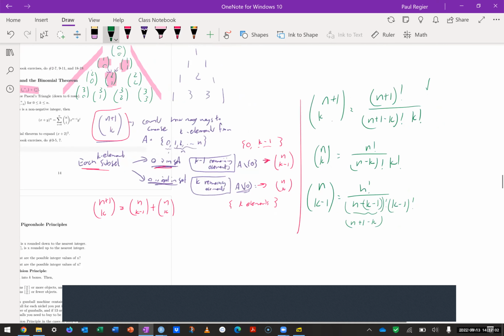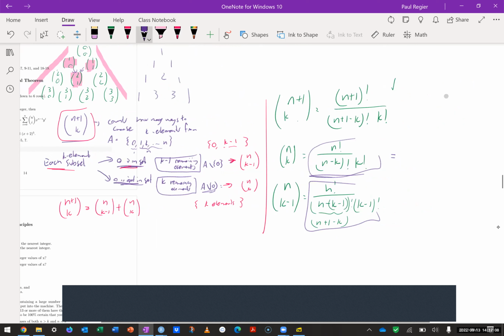So what I'm going to do with these two is try to find a common denominator. The common denominator I can think of is k factorial here, n plus 1 minus k factorial here. So to get this denominator, I have to multiply the top and the bottom of this one by the additional n plus 1 minus k term, which is what we have here.